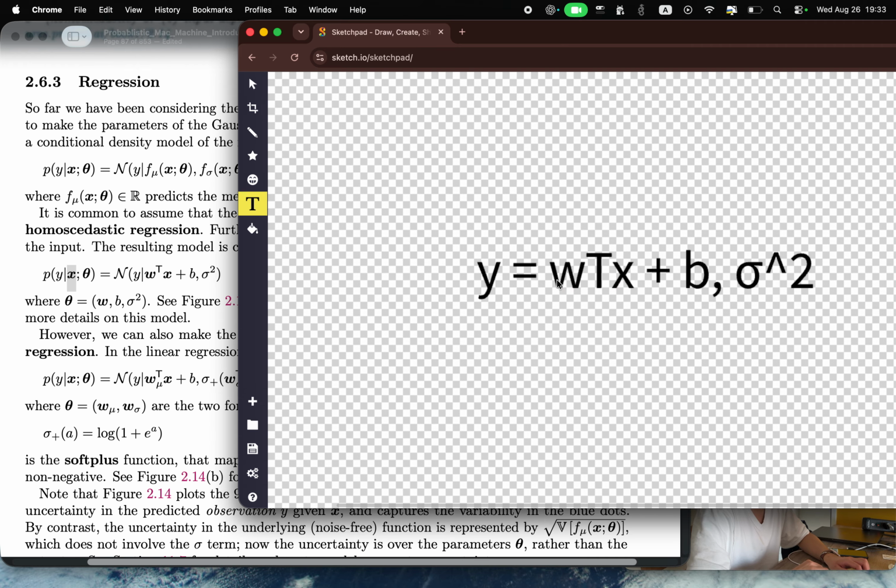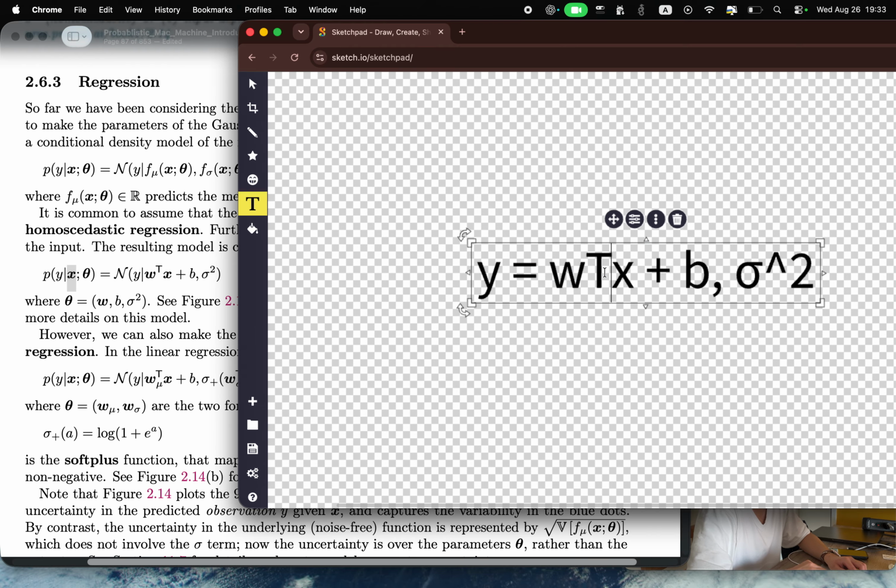So what it does is probably not so intuitive at first, but it is basically the AI.